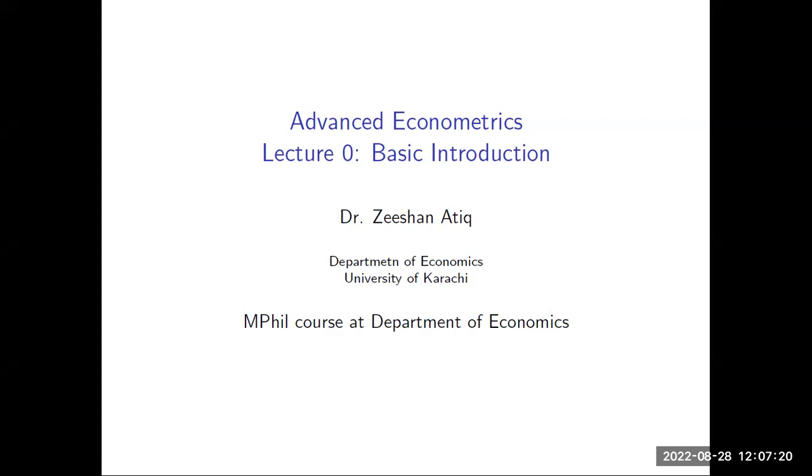And in this particular lecture, we shall be talking about the basics of econometrics and the basics of econometric modeling. As we discussed in the previous session, models basically explain the behaviors of individuals, their different economic behaviors. For example, economic models explain economic behaviors.